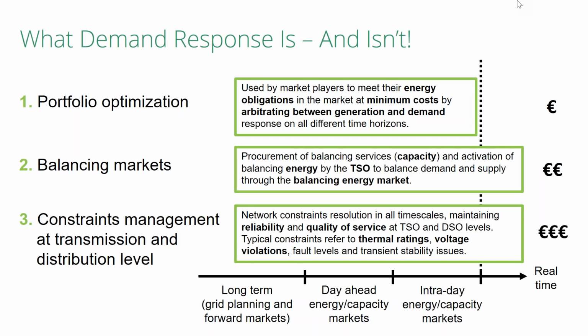The potential earnings for participating in those markets increase from portfolio optimization to constraint management, but so do the complexity and the need for automation devices and expertise to participate in them. Right, that makes sense. A higher return requires a higher investment.